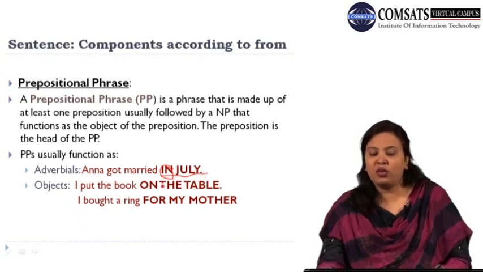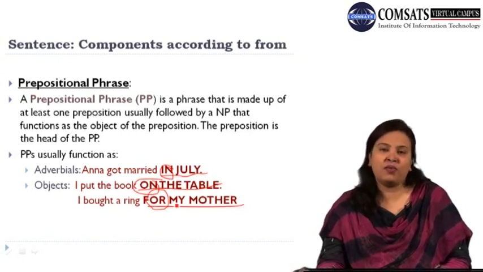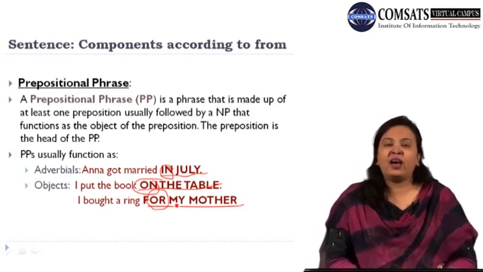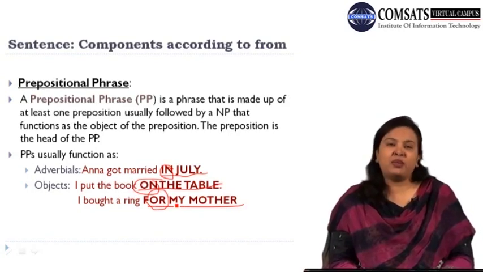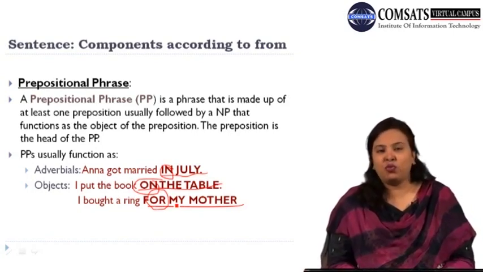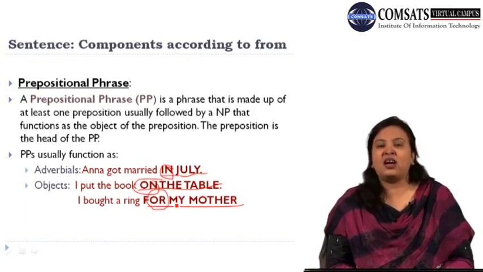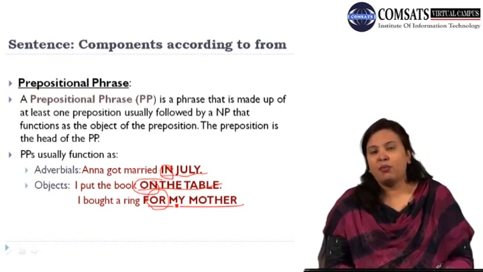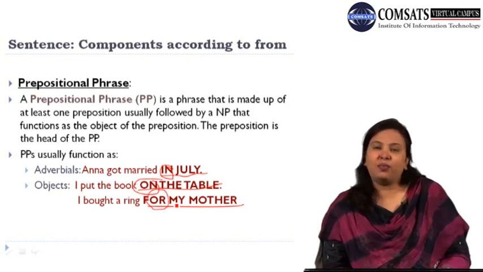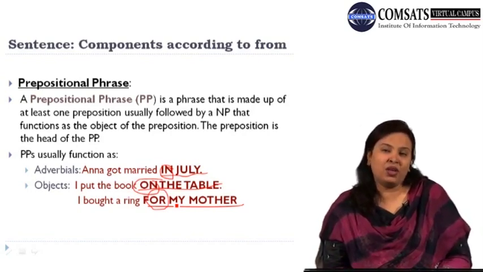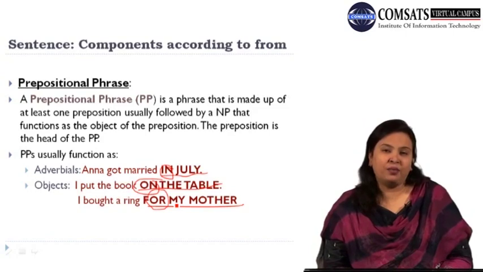Objects: I put the book on the table. Now on is our preposition, on the table, so prepositional phrase. For my mother: I bought a ring for my mother, so for my mother is a prepositional phrase. Make it clear that whenever in a noun phrase there is a preposition, then the preposition would be head, and that phrase would be categorized as a prepositional phrase before putting it into any other category.